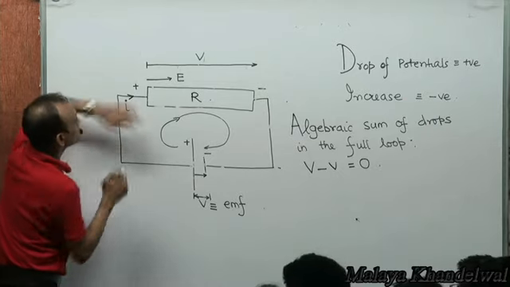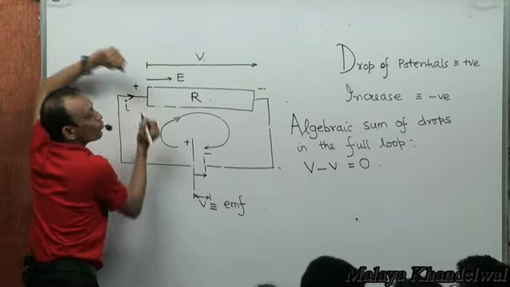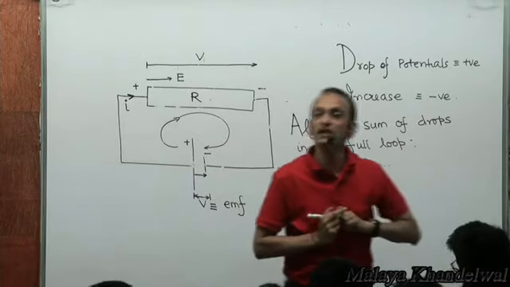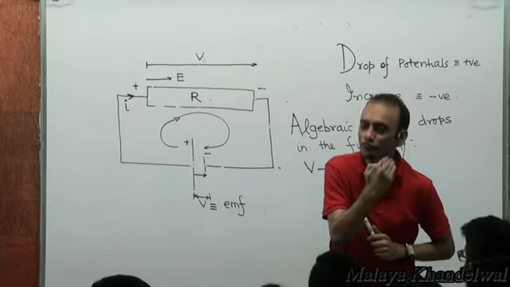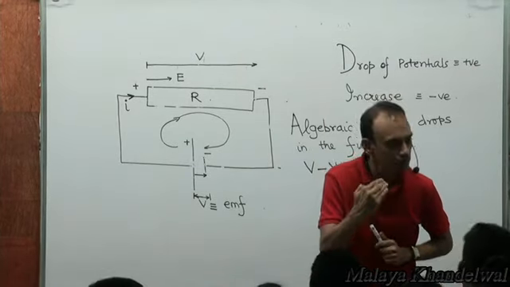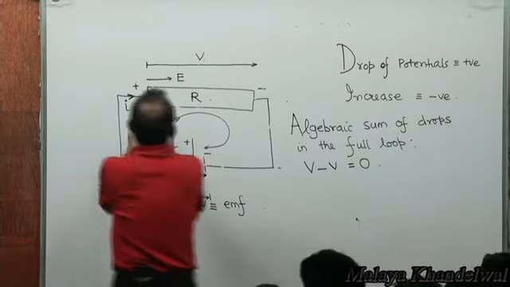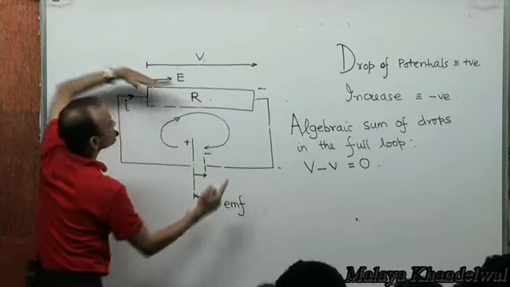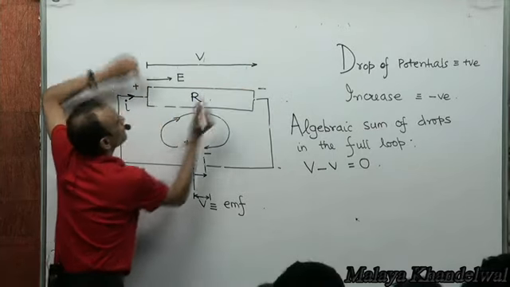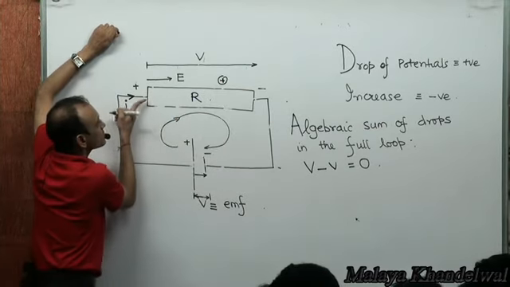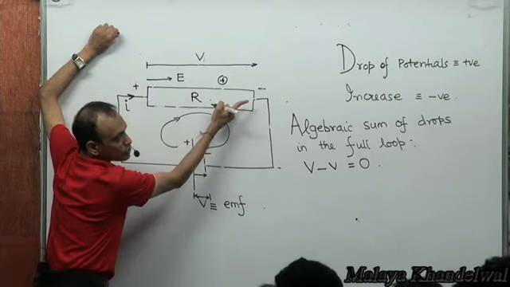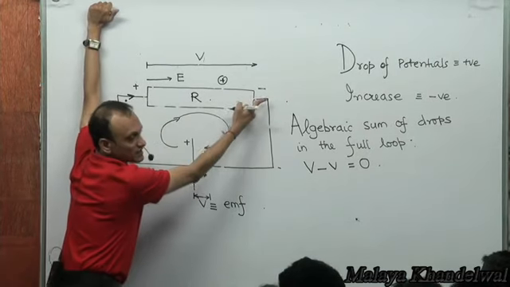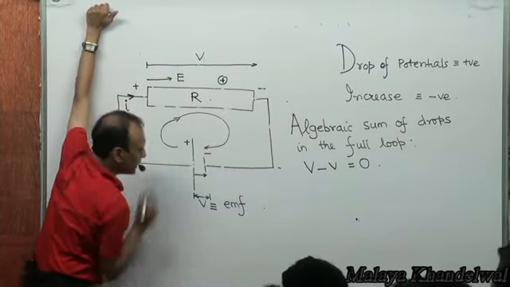I'll repeat. After all, when I talk of current, what am I talking of? Conventional current. Conventional current is what? Flow of positive charges. So when positive charges flow from here to here, this is the direction of the electric field. Work done by the electric field is going to be positive because they experience force in this direction and they displace in this direction.